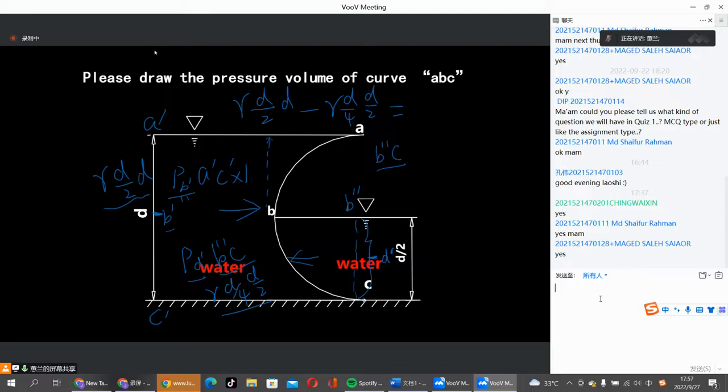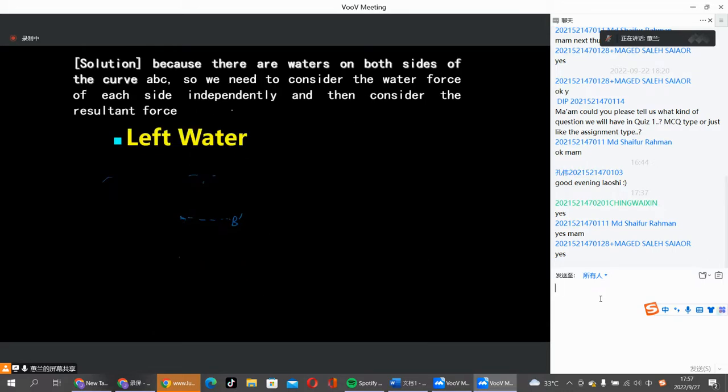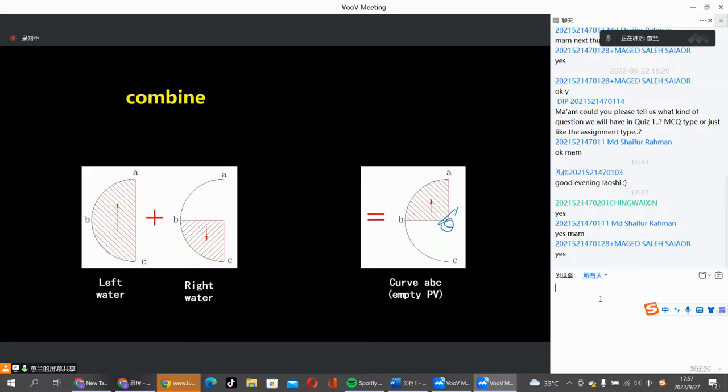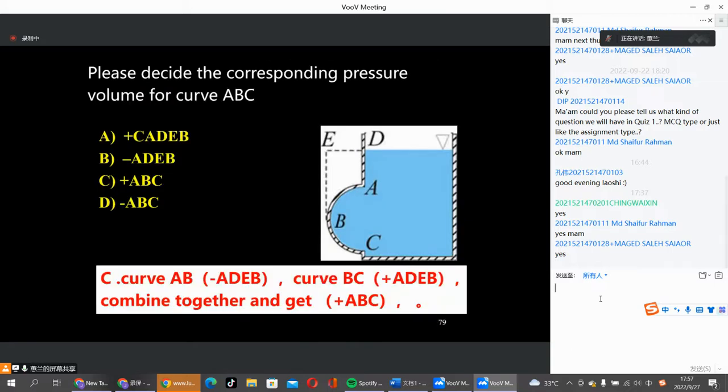You need to calculate the horizontal force on curve ABC and calculate the vertical force on curve ABC. We move on, and I will give you 10 minutes to do it and submit online.